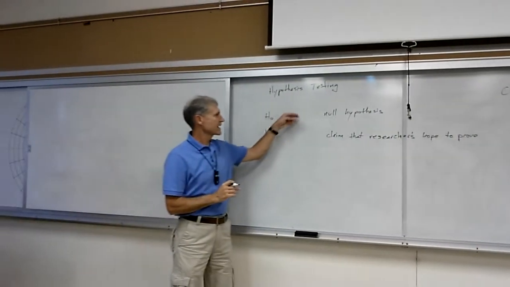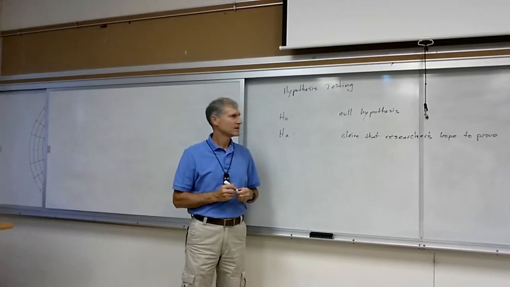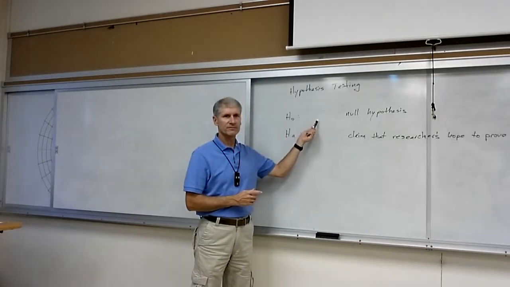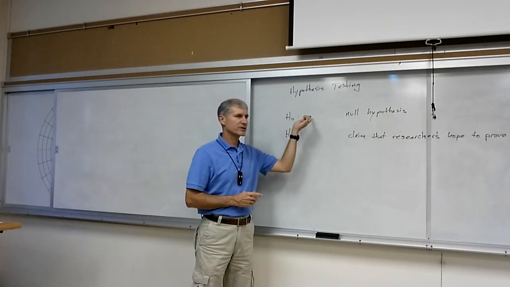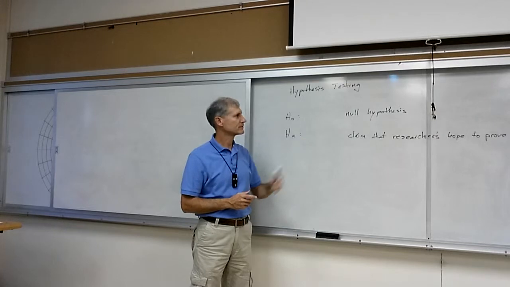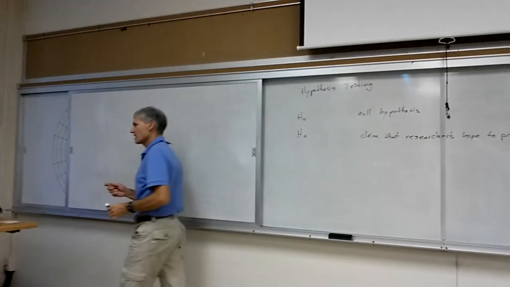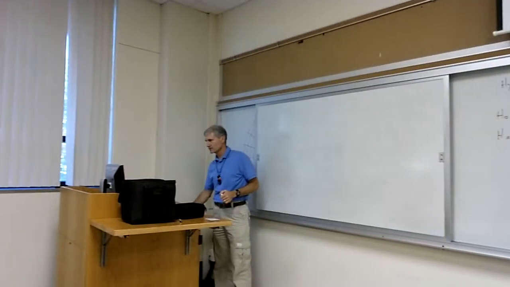And it's a mathematical opposite of the null. So in probability lingo, these are complementary events. The null is what must be true if the alternative is not true. Okay? So let's practice a little bit about null and alternative hypotheses.